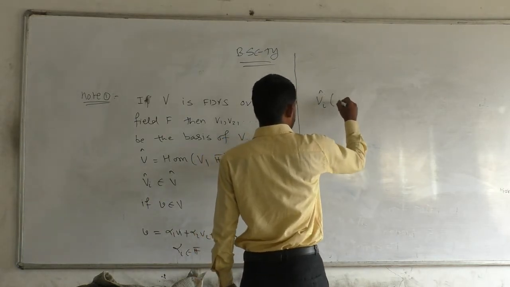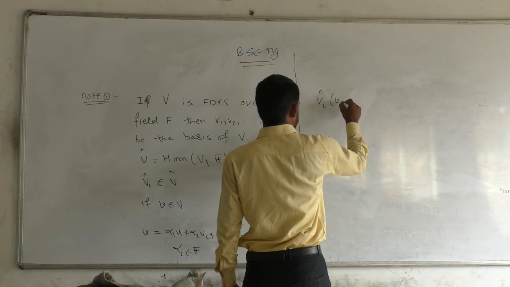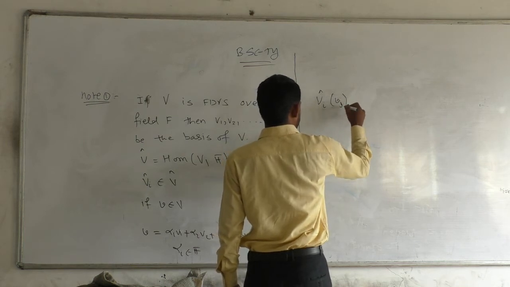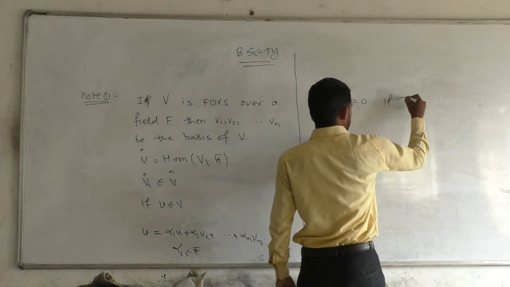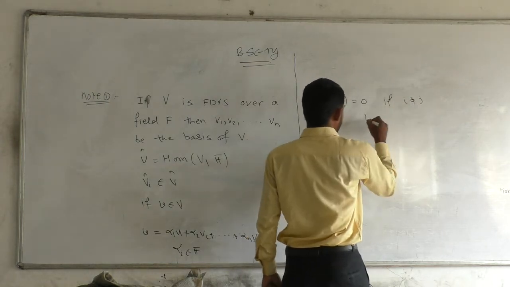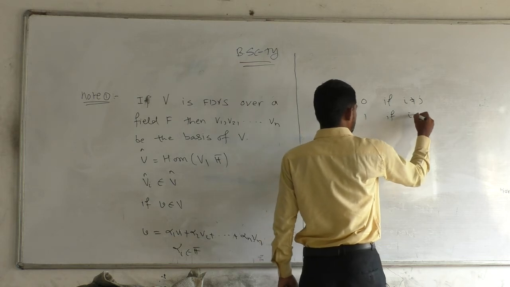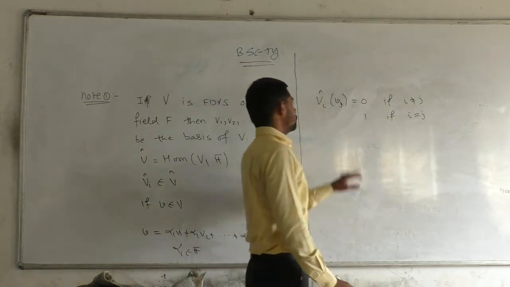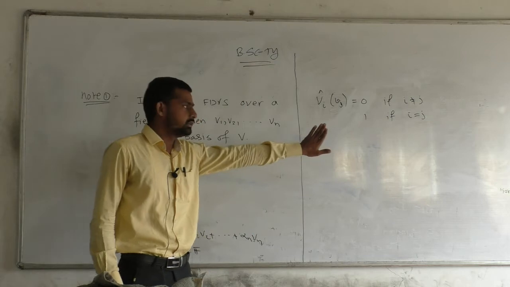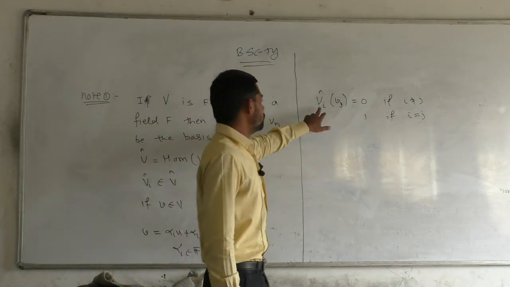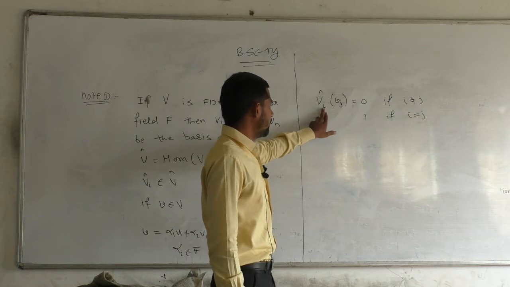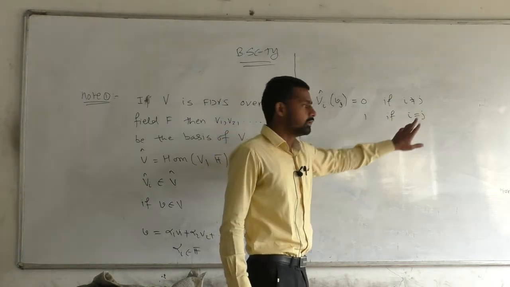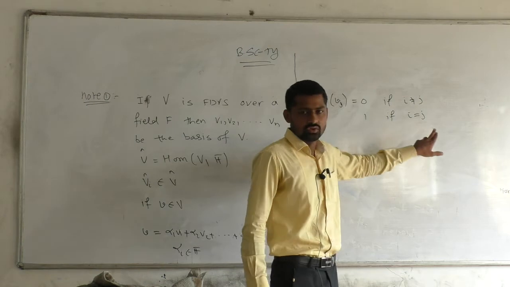Now define the function vi dual of vj equal to 0 if i is not equal to j, and equal to 1 if i equals j. This function is defined such that the image of vj under the linear functional vi dual is 0 if i is not equal to j, and 1 if i is equal to j.